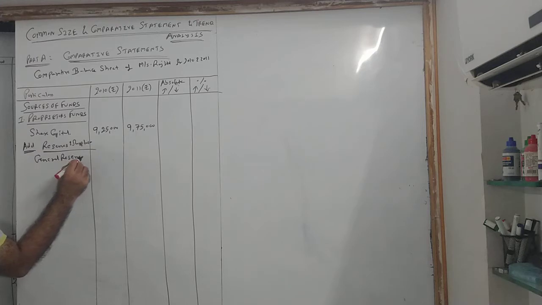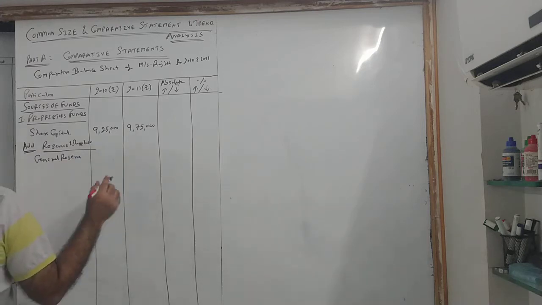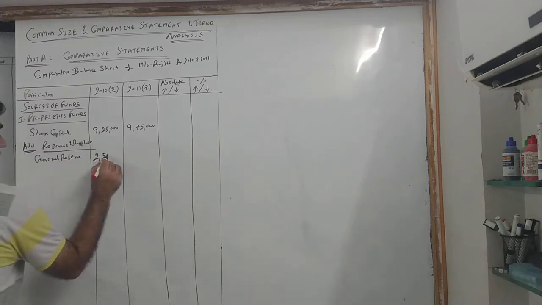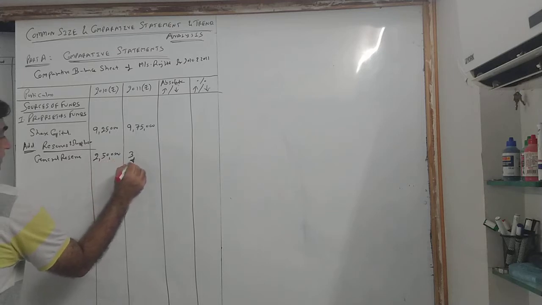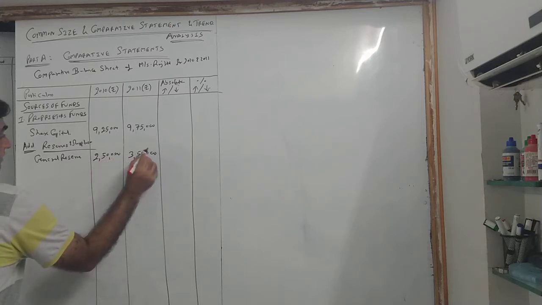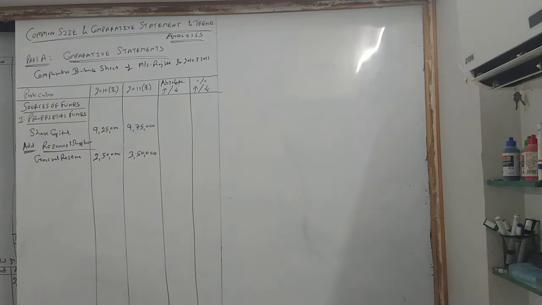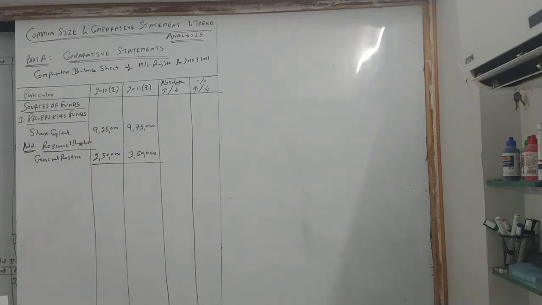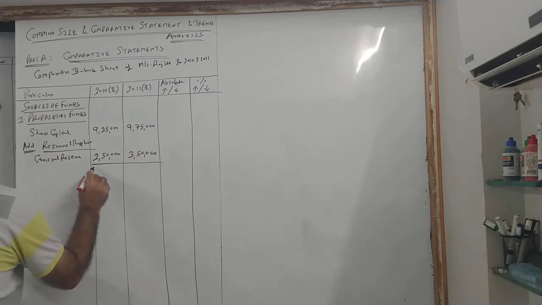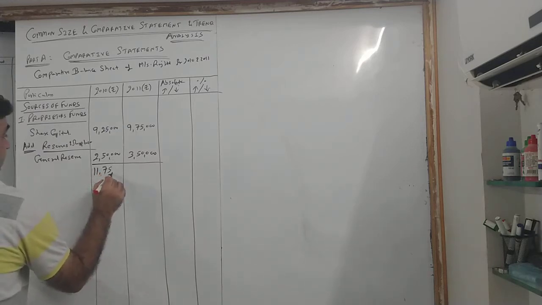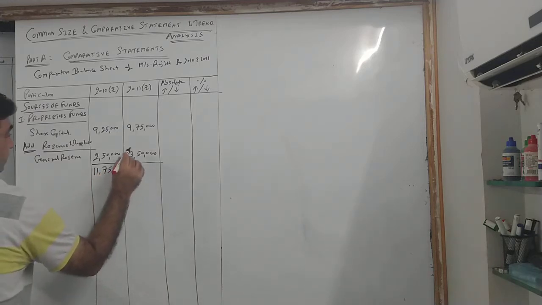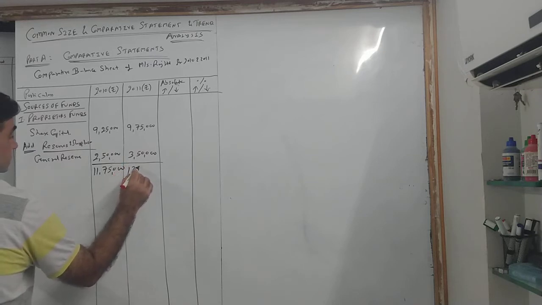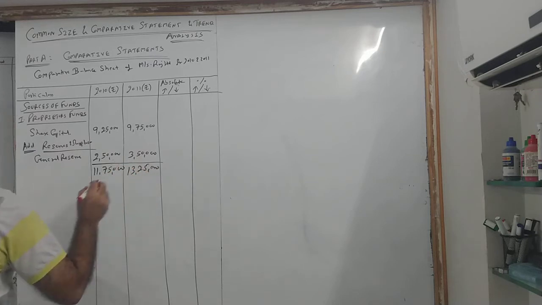General reserve. You have only 1 reserve, 2,50,000 and 3,50,000. Add up the two. So 925 and 250, 1175, and this will be 12 and this 1325.